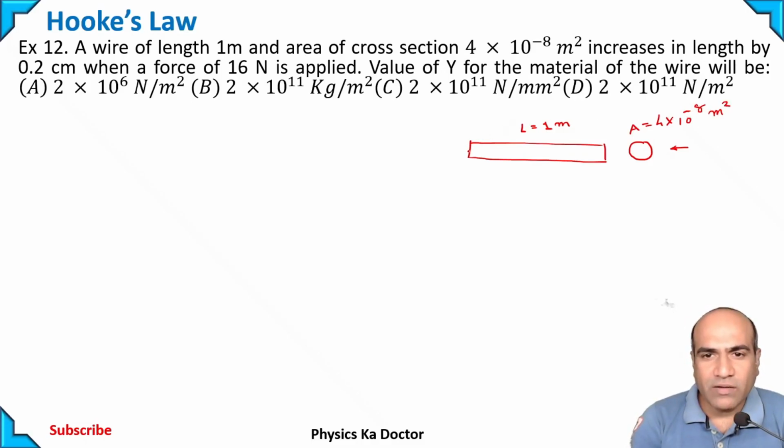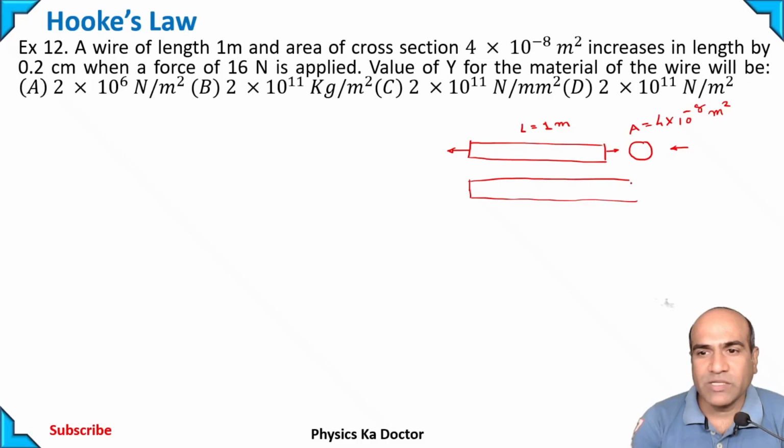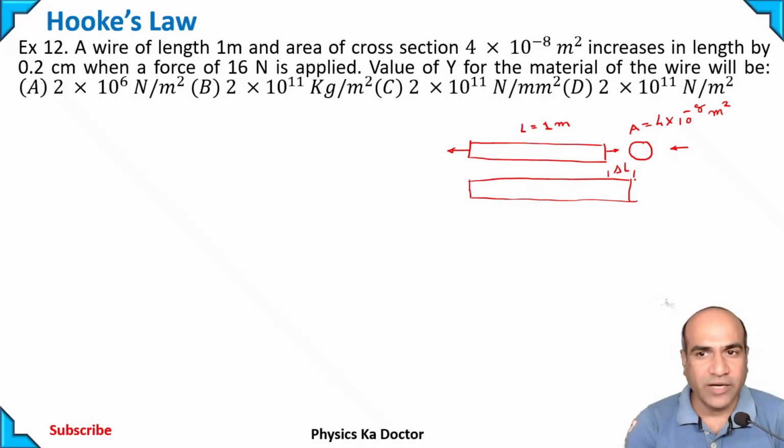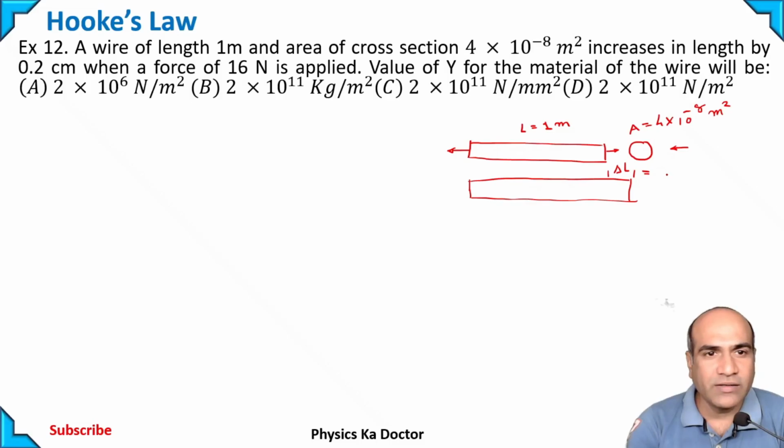Now we know that forces are applied on this, say for example two pull forces, and because of that there is an increase in the length. We use either delta L or small l for that increase.